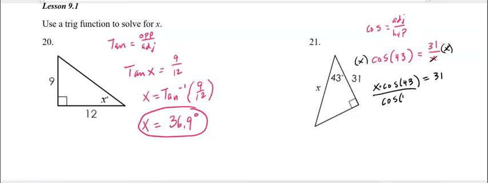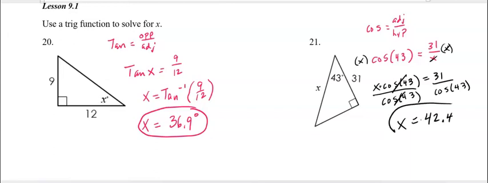So the way I get x by itself is I divide by cosine 43 on both sides. And now you're ready to turn to your calculator, and you're going to do 31 divided by cosine, and then in the parentheses 43. And again, to the nearest tenth, that would be 42.4. And that is the length of the hypotenuse for this right triangle.